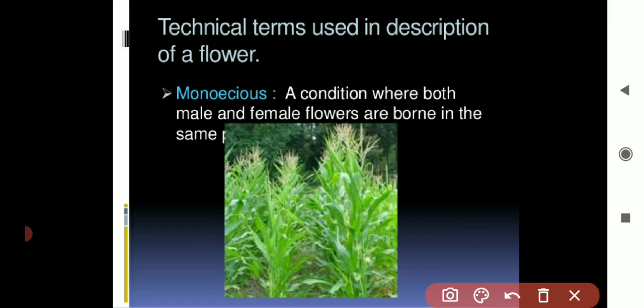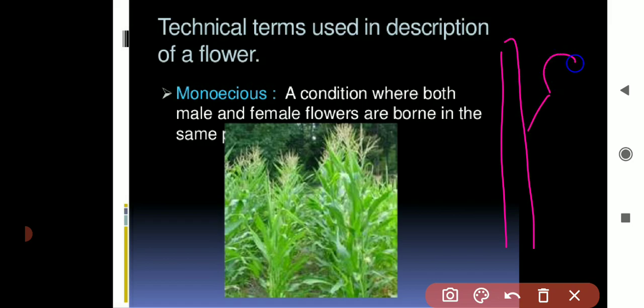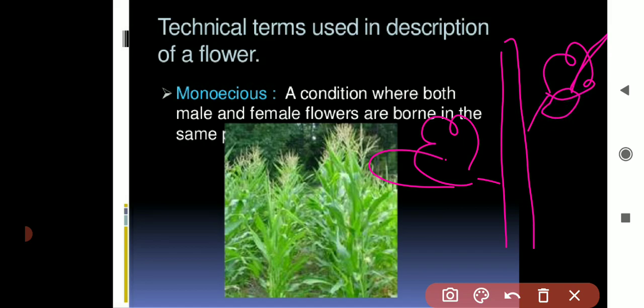But it could be another way also. This is the axis of the plant. Here is one flower and here is another flower. Now this flower has only the gynoecium and this flower has only the androecium.